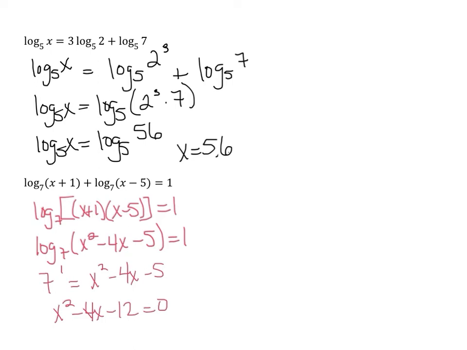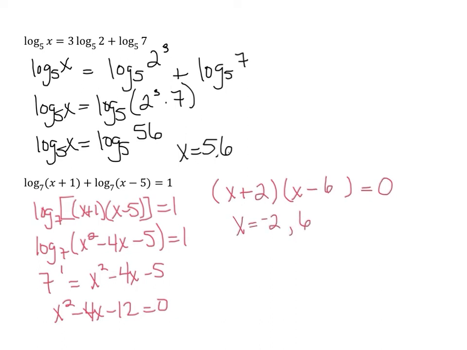So now I can actually work with this, and I factor because I know how to factor. And I know how to solve this. I get x is equal to negative 2 or positive 6.